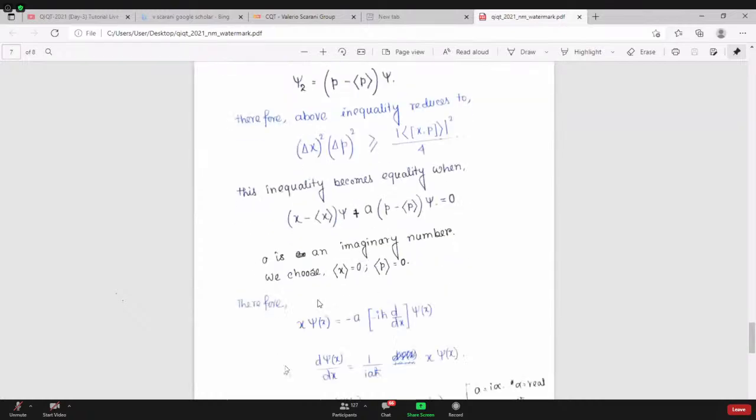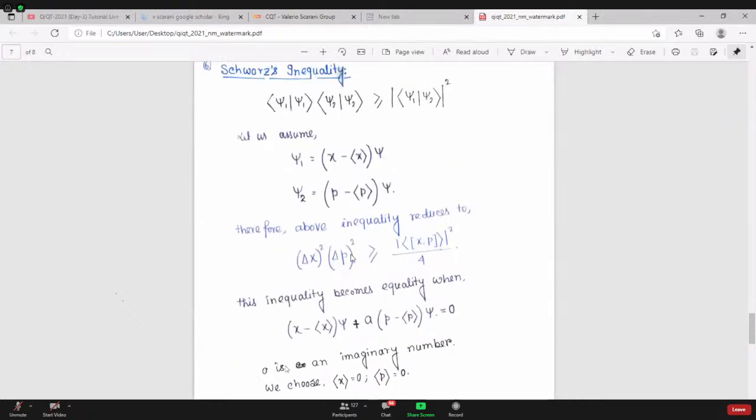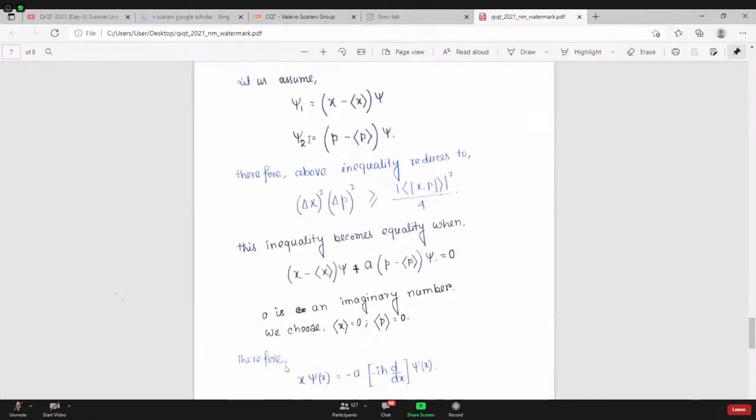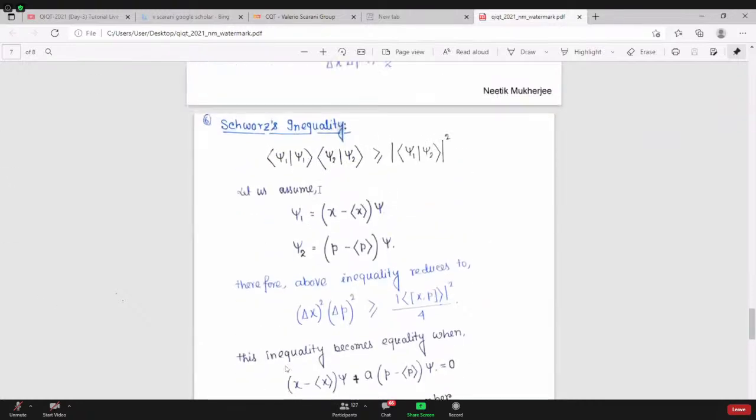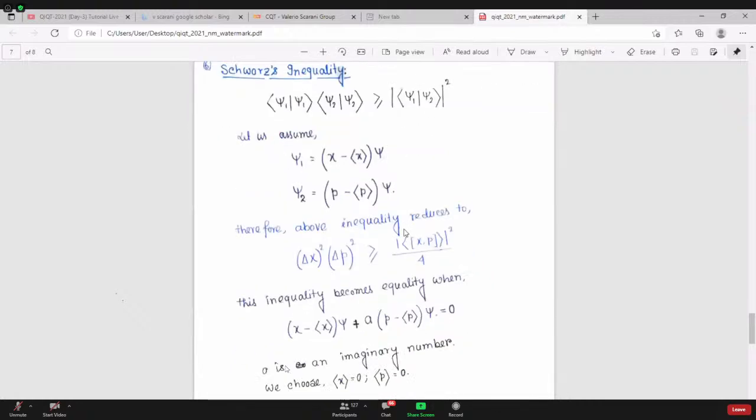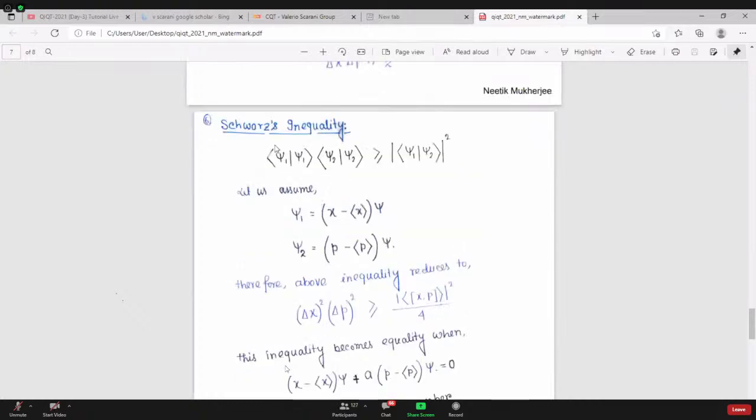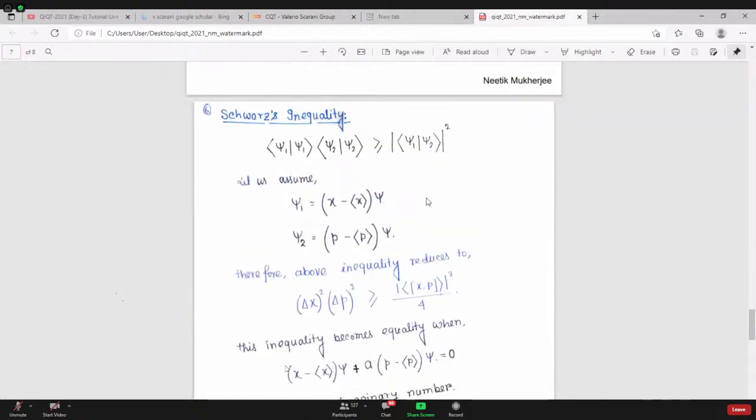Our objective is to get the minimum uncertainty state, that means the equality condition. If psi 1 and psi 2 are linearly dependent, that means you can express psi 2 as some constant times psi 1, then the inequality becomes an equality.